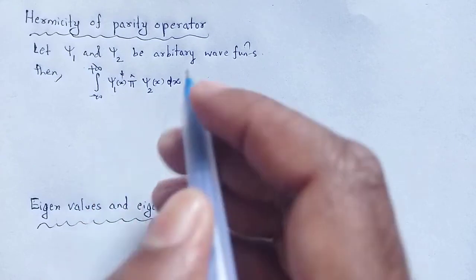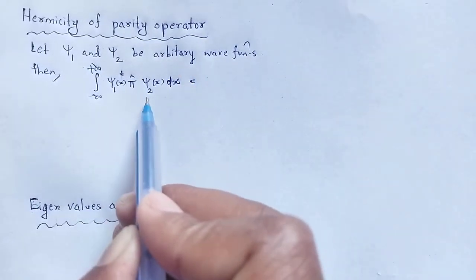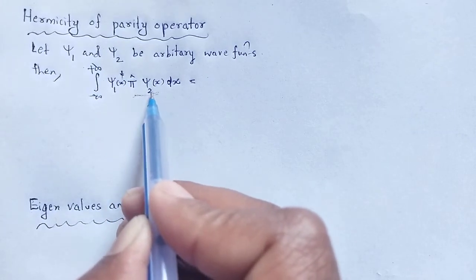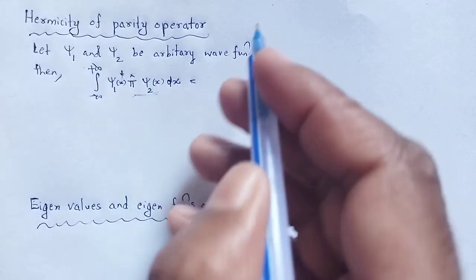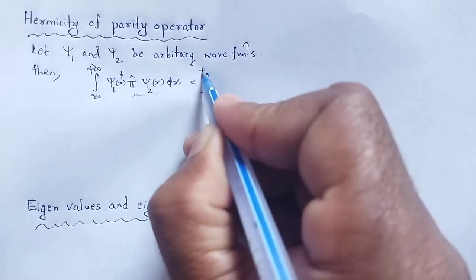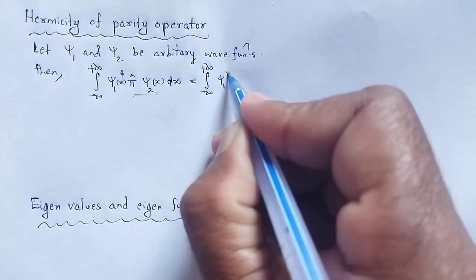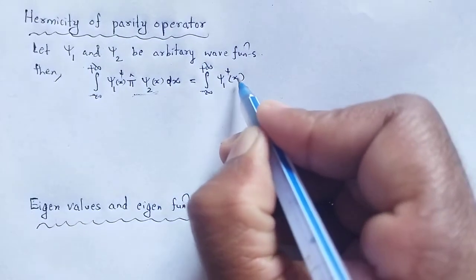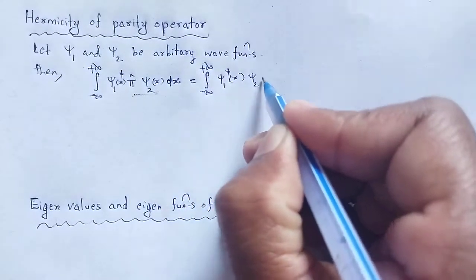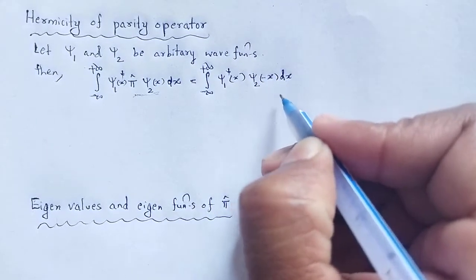What should be its value? When the parity operator operates over the wave function psi 2, its sign will be changed. That means the integration from minus infinity to plus infinity of psi 1 star x psi 2 minus x dx.